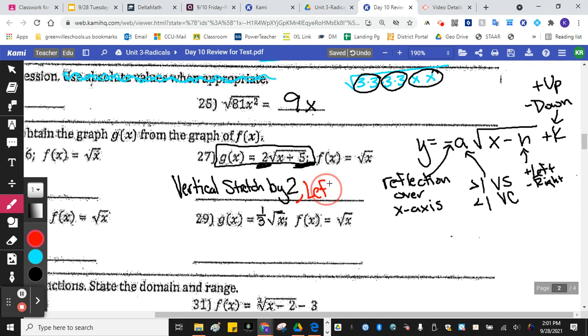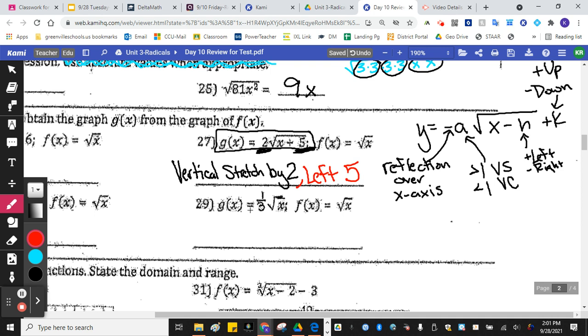So left 5. Because I had to actually plug in a negative 5 to make it look positive. So negative is to the left. What about 1/3 in front of your radical? Vertical compression.